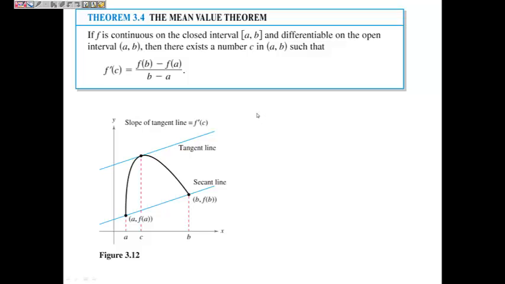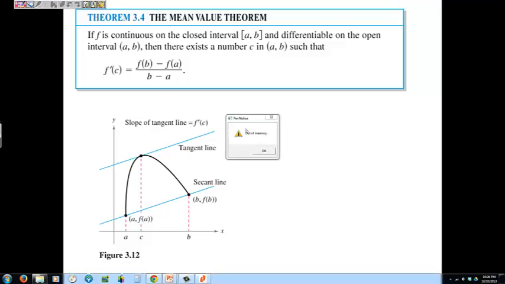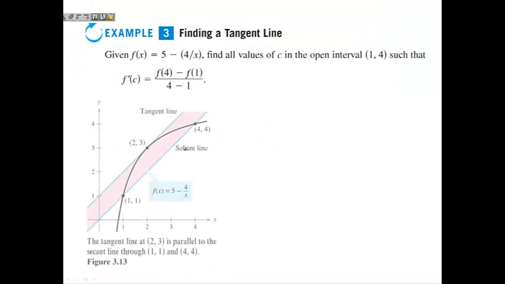I'm going to talk about the mean value theorem. The mean value theorem just uses Rolle's theorem, and it proves that there has to be some slope between these 2 points, a and b, right? You have f of a is this value right here, and f of b is this value. And all right, let's see if we can do one here.